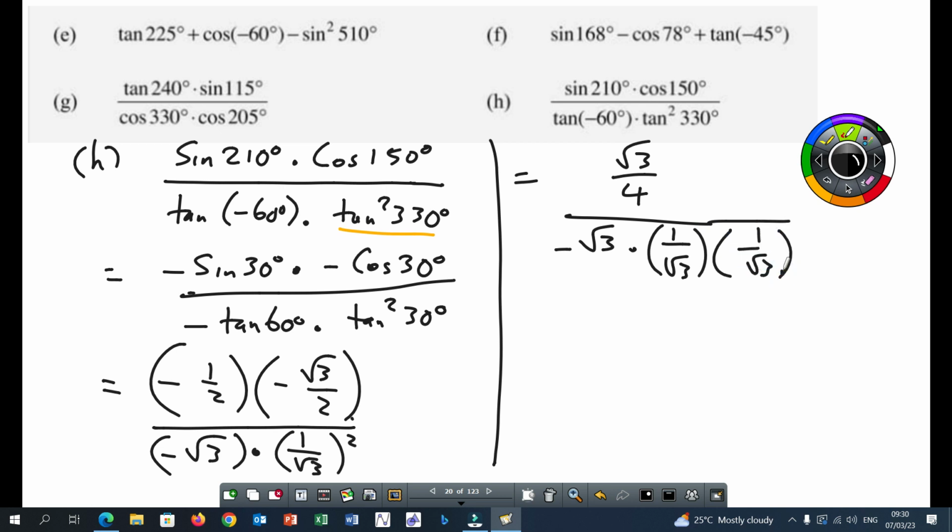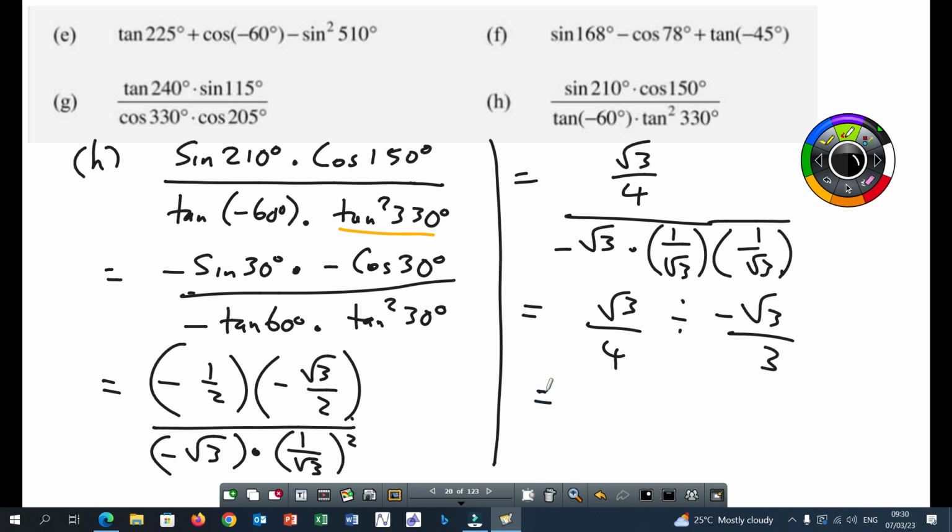Square root of 3 times square root of 3, that's a 3. 1 times 1 gives you 1. Then minus square root of 3 times 1 gives you minus square root of 3. So this will be square root of 3 over 4 divided by minus square root of 3 over 3.